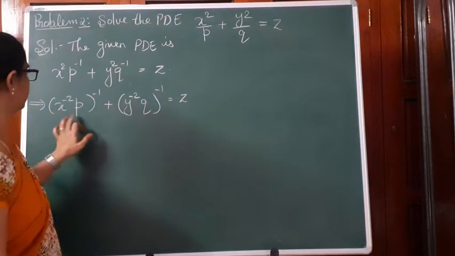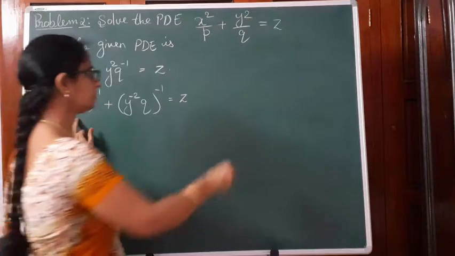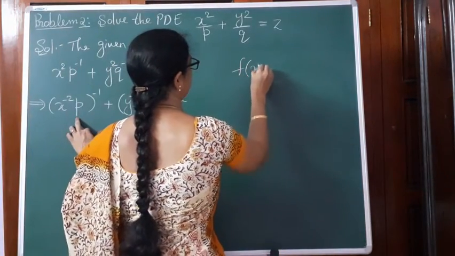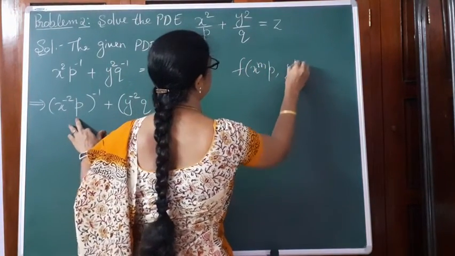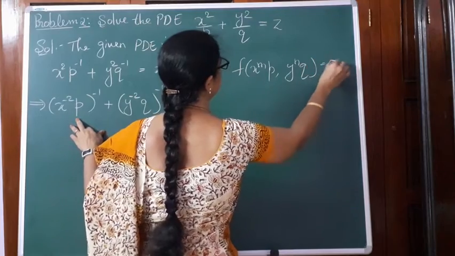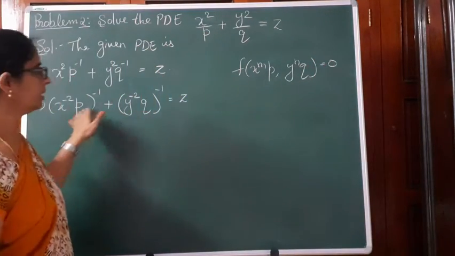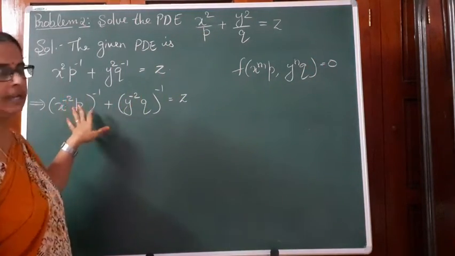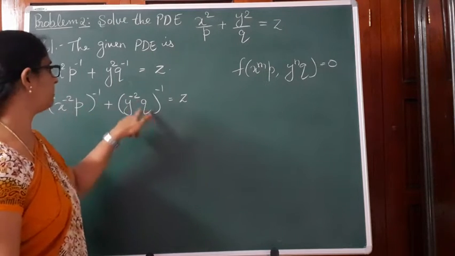We are writing in this form because if we have f of x power m p comma y power n q is equal to 0, then we can take the substitution. So we are writing the function in terms of x power m p and y power n q.